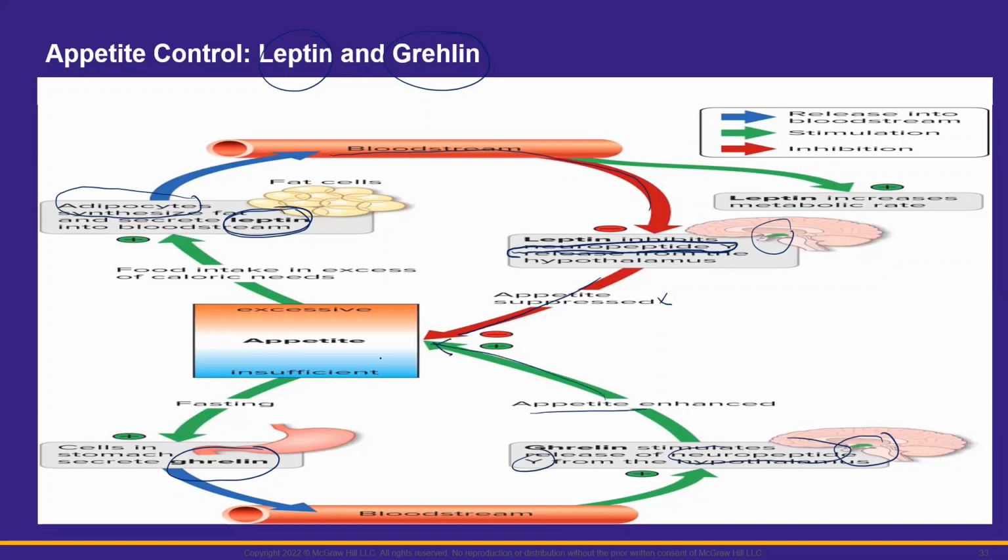So we feel we want to eat, so we feel hungry. So this is the control of our appetite. Again, leptin suppresses appetite, ghrelin enhances appetite.